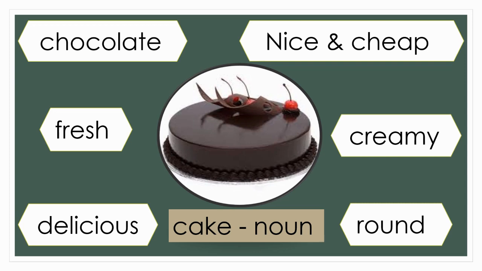For example, this is a chocolate cake. It is a fresh cake. It is a creamy cake. It is a delicious cake. It is a round cake. So, in this way, these words are describing the noun cake. So, these are the adjectives which are used to describe the noun cake.